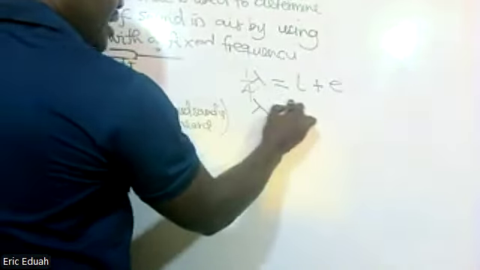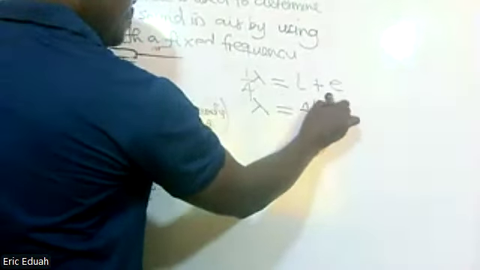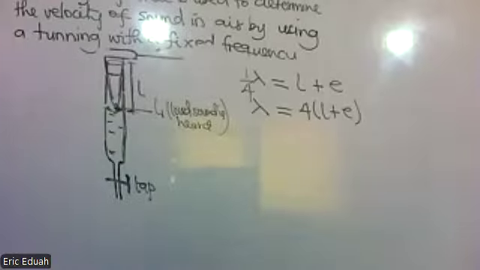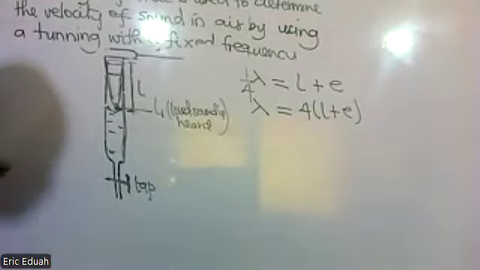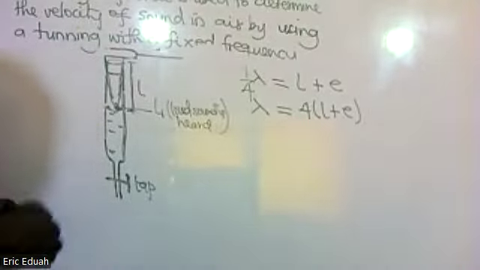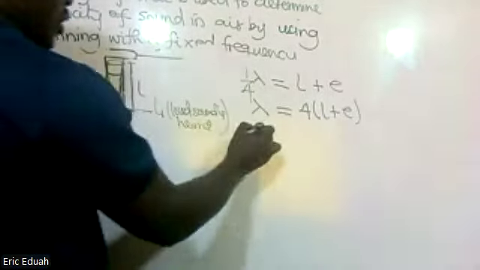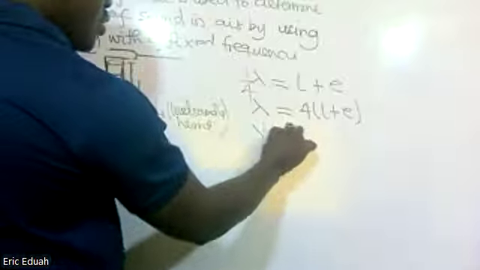Lambda is equal to 4 times (L plus E). Therefore, if we want to estimate or approximate the velocity of sound in air, we know that V is equal to F lambda.